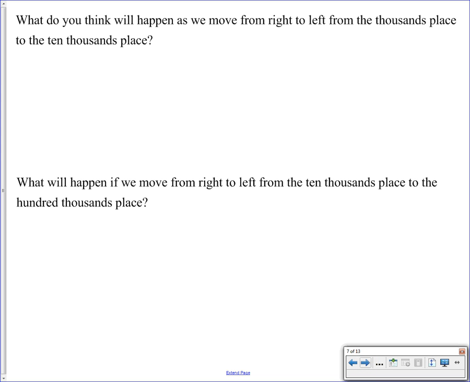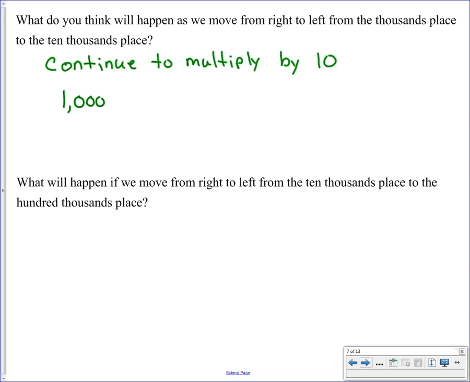So, as we move from right to left, from the thousands place to the 10,000s place, we would continue to multiply by 10. So, to answer our question here, we're going to continue to multiply by 10. For example, 1,000 times 10 equals 10,000.